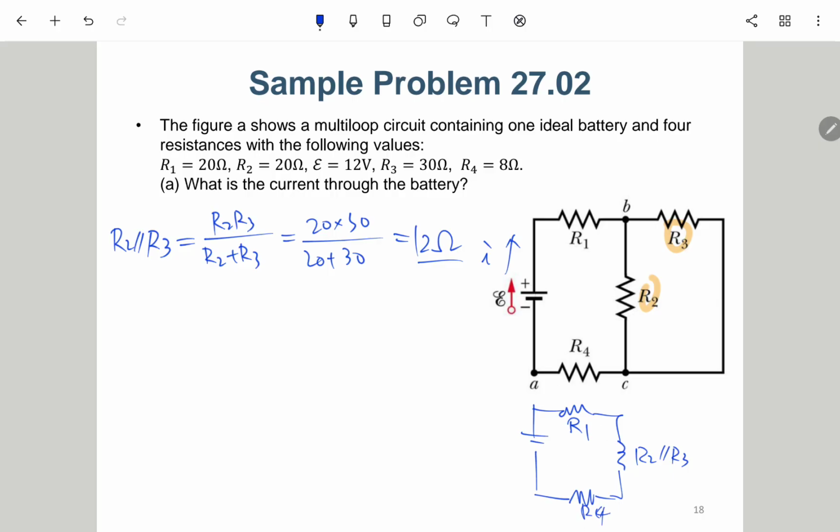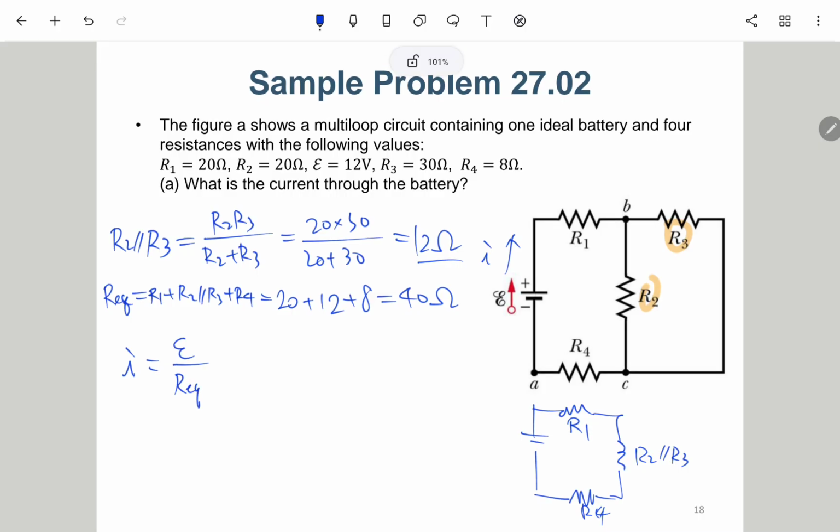Which means the equivalent resistance altogether will be R1 plus R2 parallel R3 plus R4. So this will be 20 plus 12 plus 8, which will be 40 ohm. Which means I equals E over R equivalent.